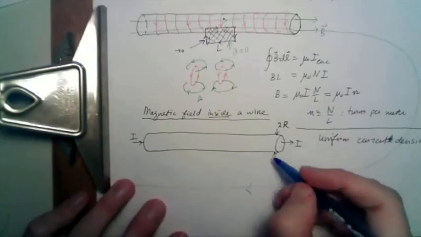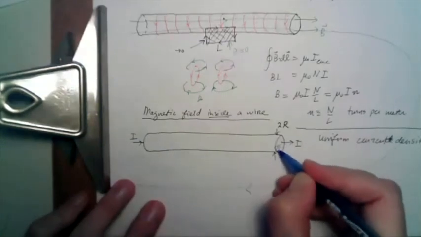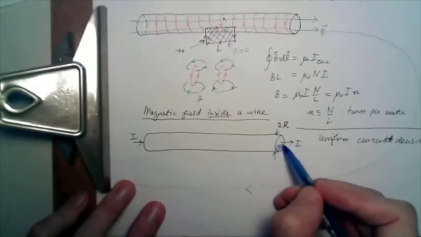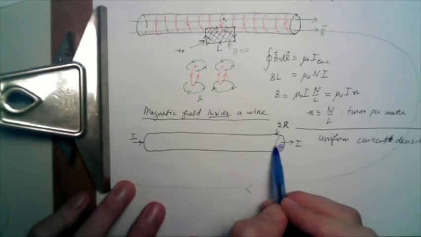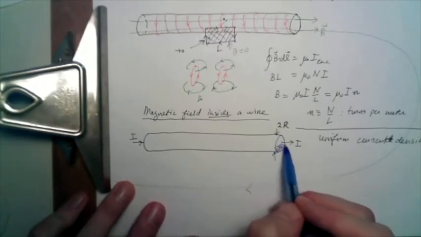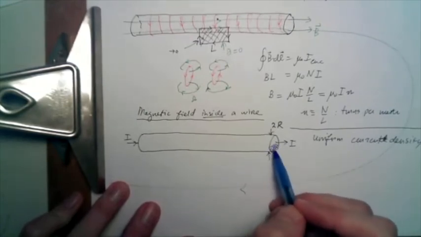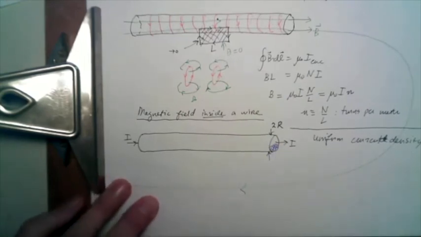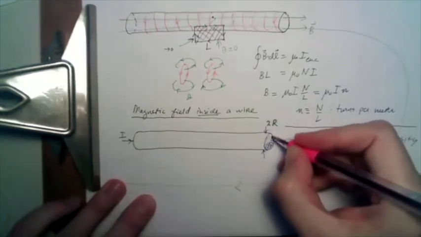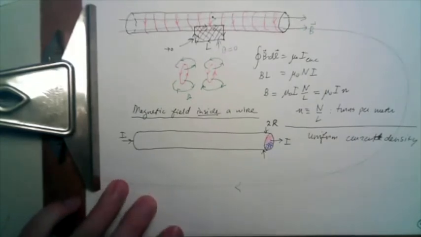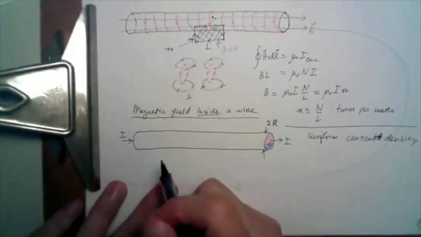And what do I mean by uniform current density? Well, let's see. Imagine now I am only interested in the bottom half of this wire, and I put a little screen here and I say, okay, now imagine that I'm counting electrons or whatever the charge carriers are. How many would go through half the wire? If the current density is uniform, then this would be half the total current. And if I were to take a section on the top half and ask how much current goes through it, I would also get half.